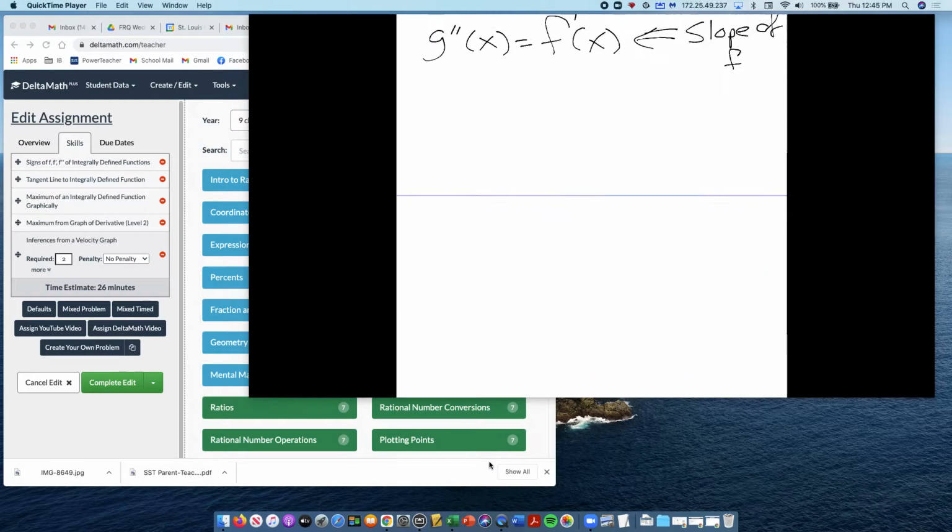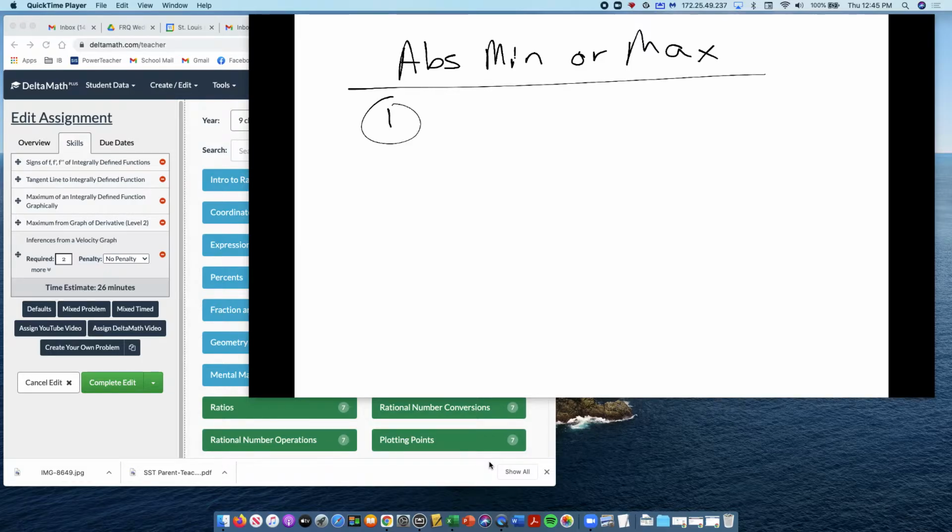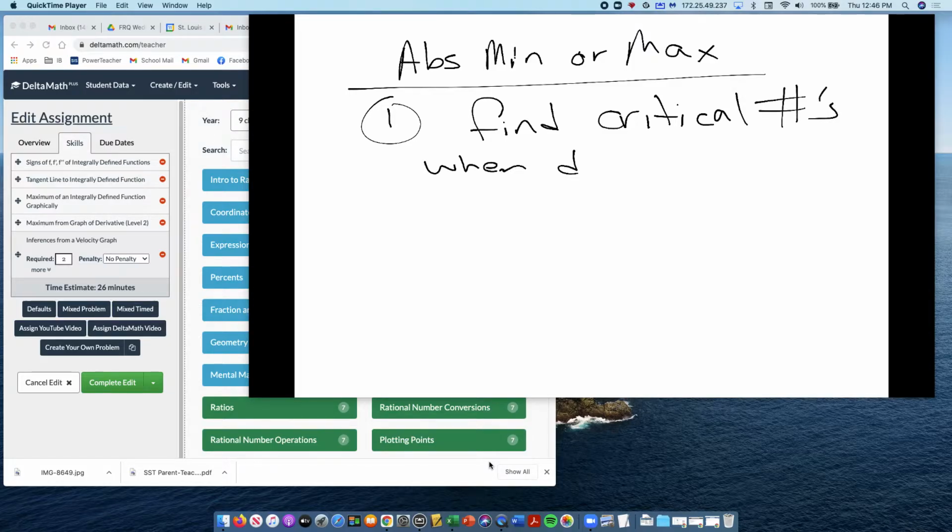Remember that to find an absolute minimum or maximum, the first step is to find the critical numbers, when the derivative equals 0 or is undefined.